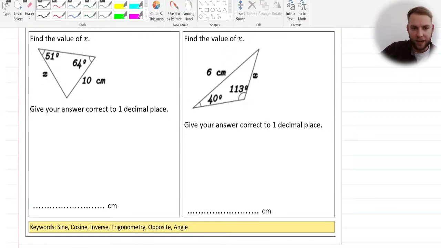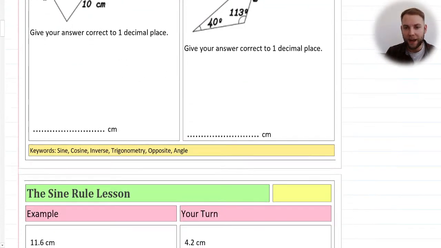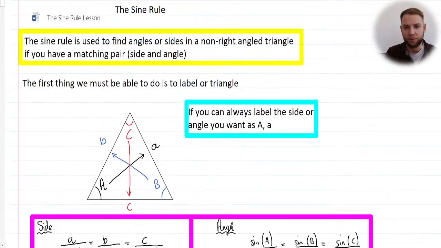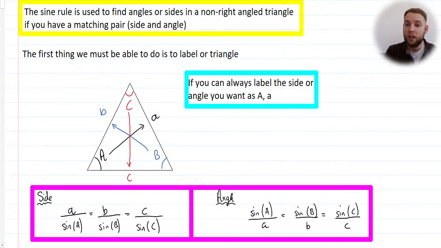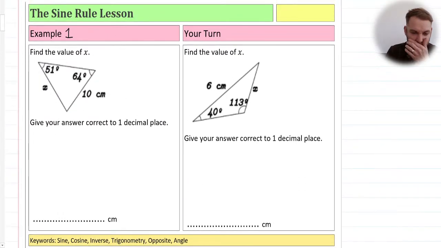So once we've done that, notice that we need to label our triangle. Now if I go back up here, sorry, I know that you're probably trying to get that down, but one of the things I said is that if you can, always label your angle or side as A. Now this is important because it will actually help you. So I want this side here, which is X. So I'm going to label this as little a, which means that opposite the angle here must be big A. And then it doesn't matter what I call the other ones.